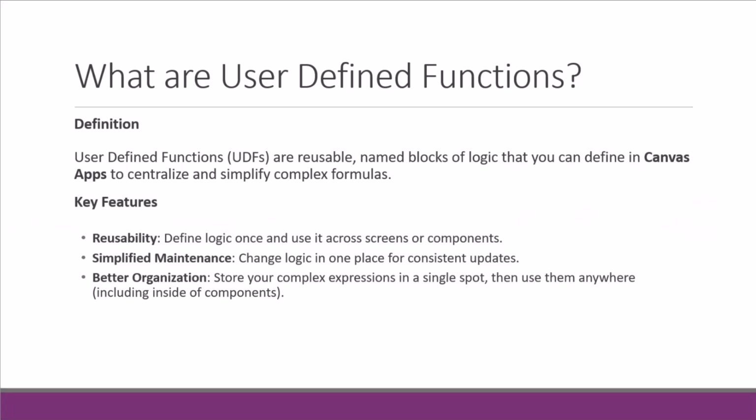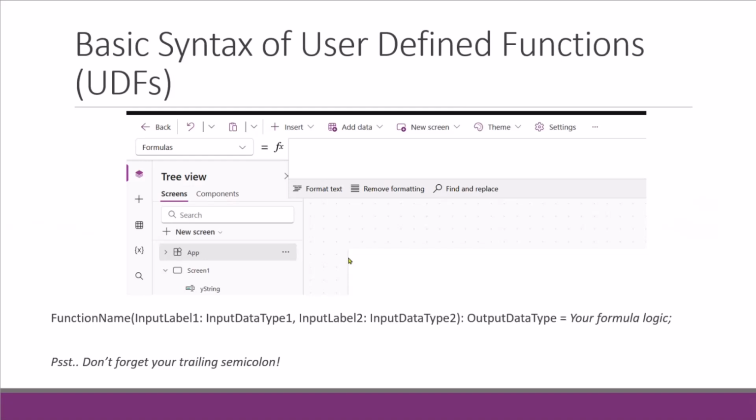So user-defined functions, right? There's a basic syntax around them. Just like with named formulas, they have a unique syntax. So as you can see down here, the function name is the first thing you put in, and then you open a parenthesis. That's a little different than named formulas, right? Where a named formula is just the name of the formula you want to reference, and then you put in equals, and then you do whatever your logic or expression is.